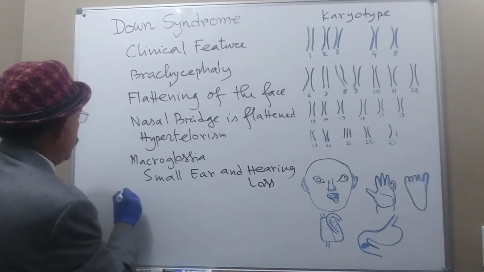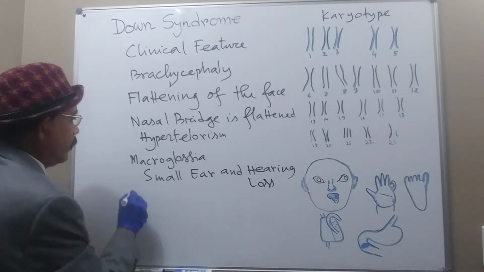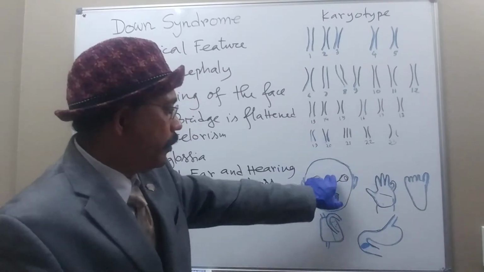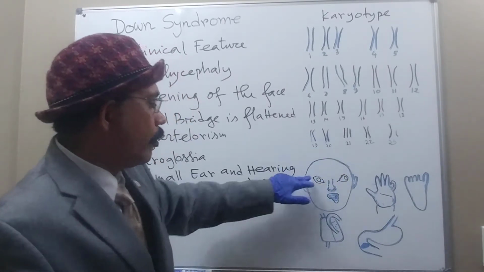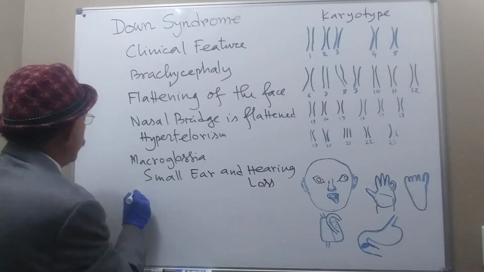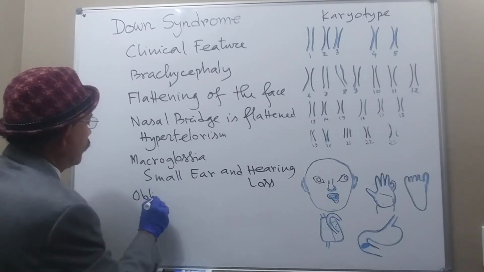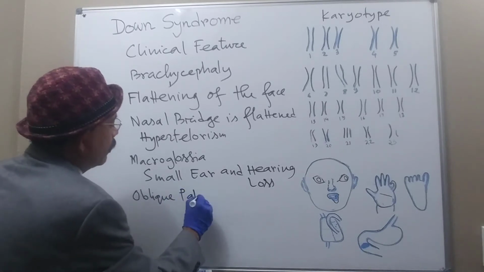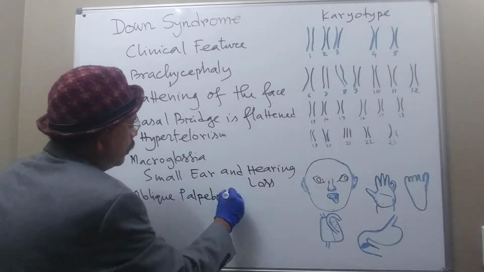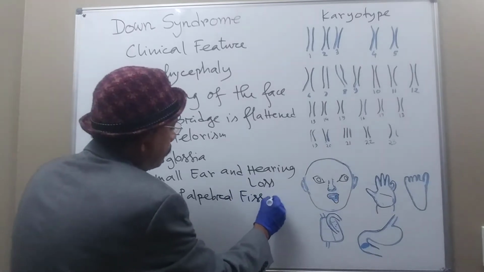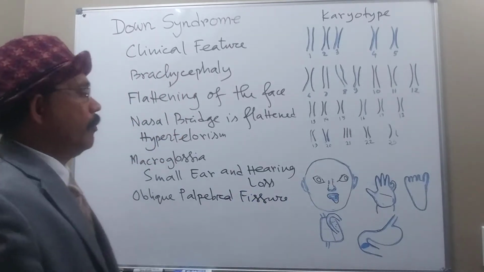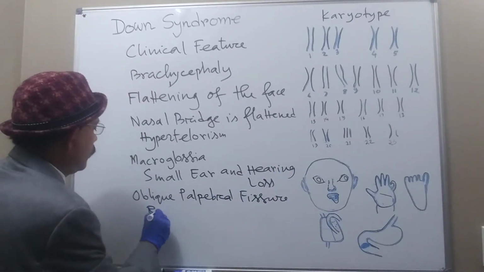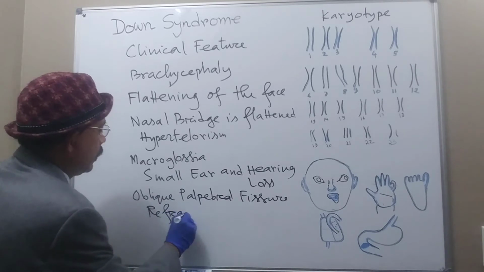Now you go to the eye. In the eye, it will be obliquely located. There will be a gap between the two eyes and they are obliquely located. So oblique or slanting palpebral fissure. We also get problems of refractive error, like myopia.